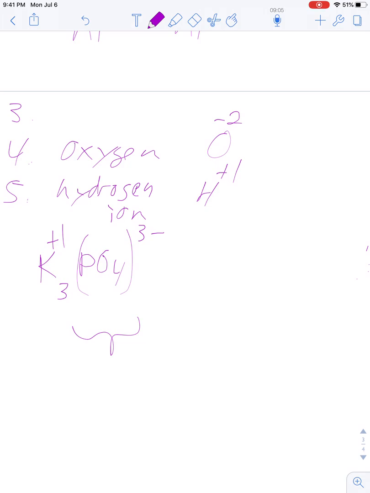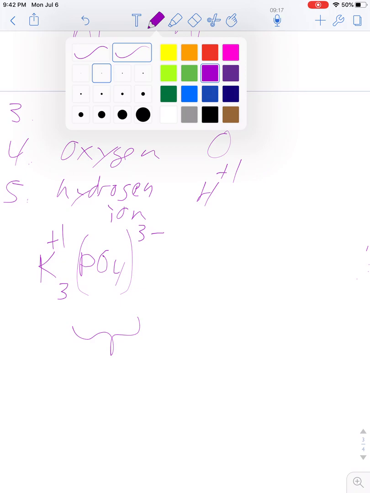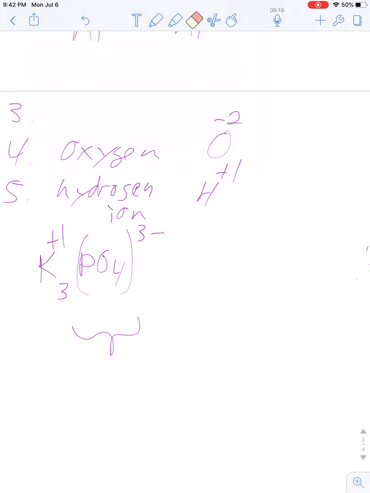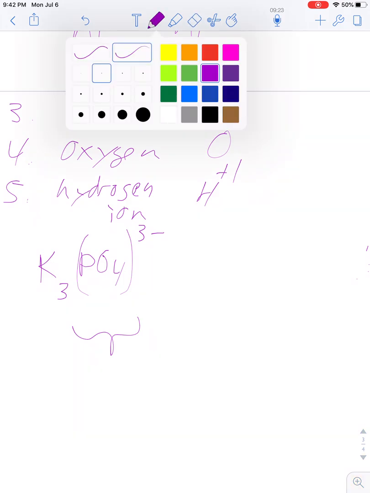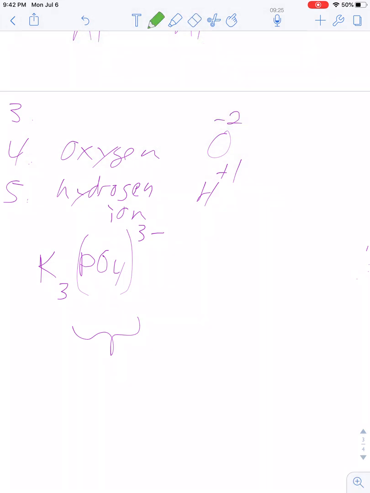So the oxidation numbers inside the parentheses have to add up to the overall charge. I'm going to use a different color here, and I'm going to put my oxidations in green.